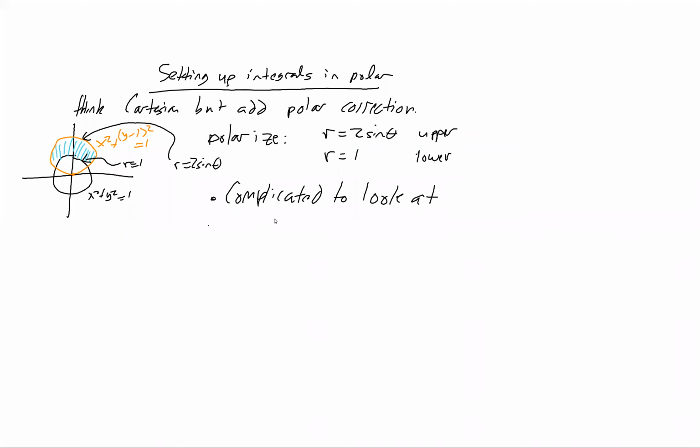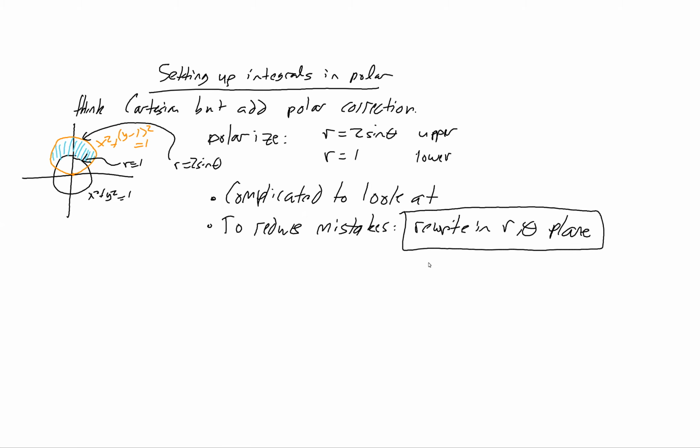So to reduce mistakes and add more intuition about what's going on, rewrite it in the r theta plane. And this is what I mean by think Cartesian, because what we're doing now is we're flattening the curve out.